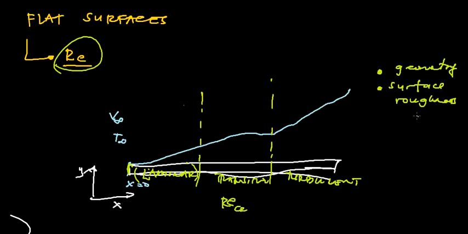If our surface is smooth, what can you notice about the flow of our fluid compared to a rough surface? The condition of your flow will depend on these properties. Again, we have the geometry, the surface roughness, and the upstream velocity.